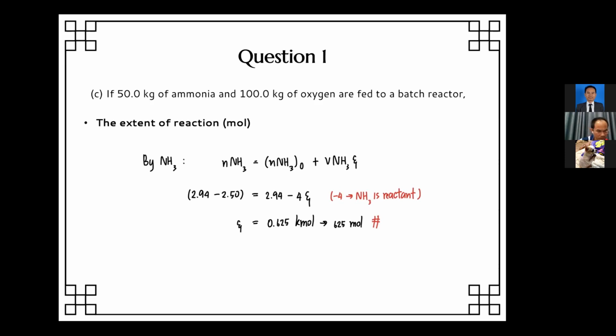The number of ammonia minus the required ammonia equals the stoichiometric coefficient of ammonia times the extent of reaction, where the coefficient is minus 4 because ammonia is a reactant.